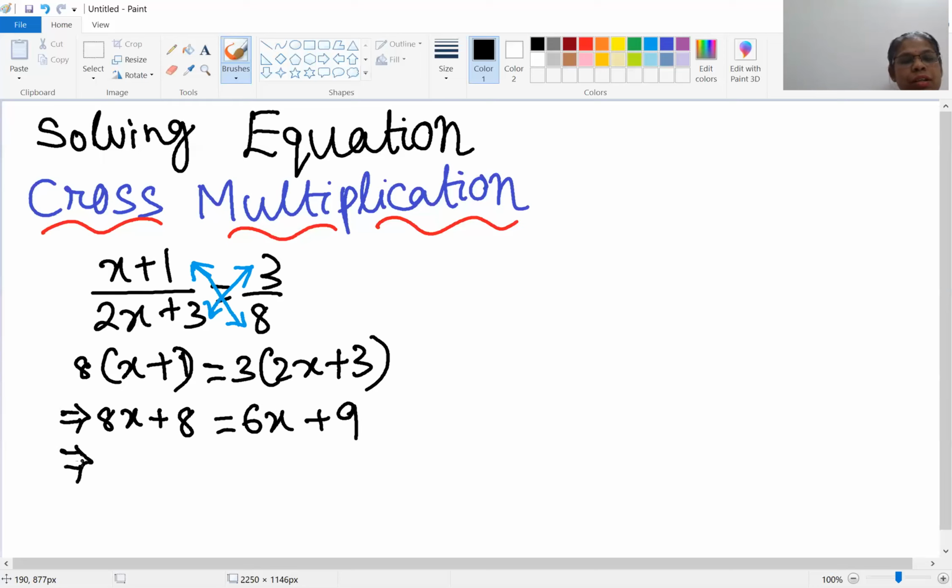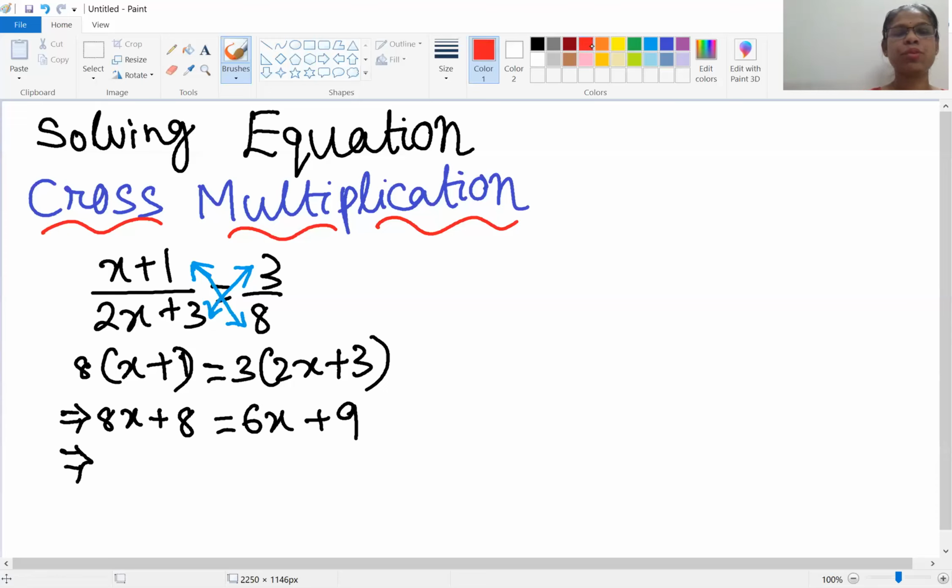Now, I have variables on the left hand side and the RHS side also. So I have to move both the variables to one side and the fixed numbers to the other side. As per our regular practice, we always keep our variables on the left hand side and the fixed values on the right hand side.